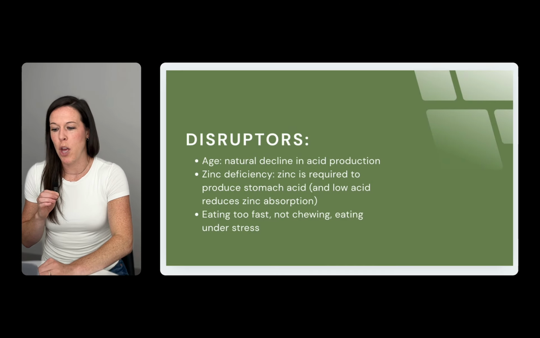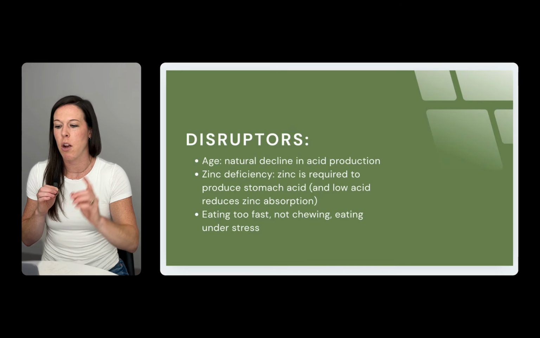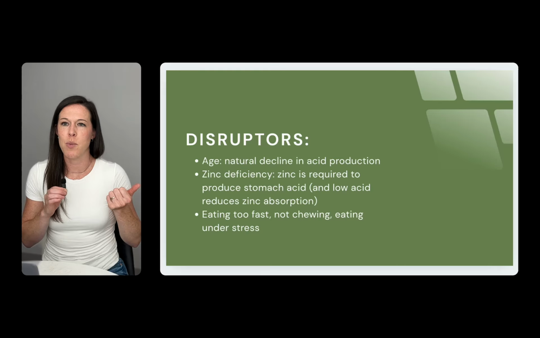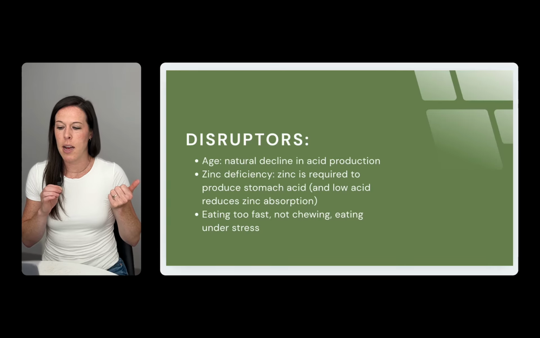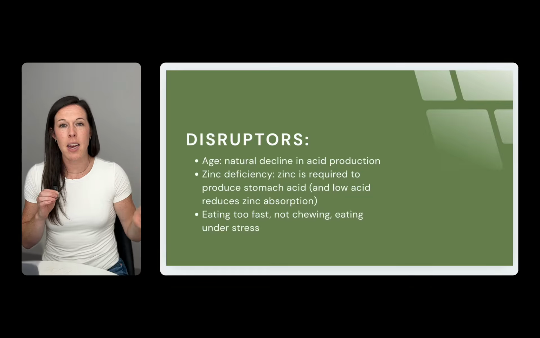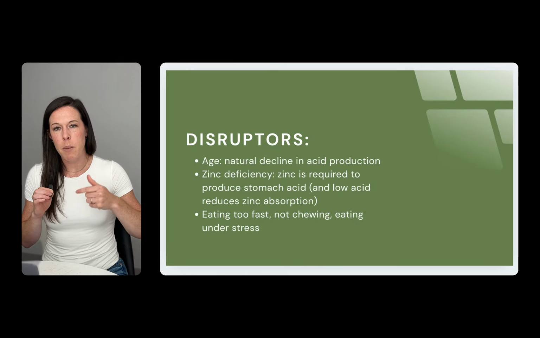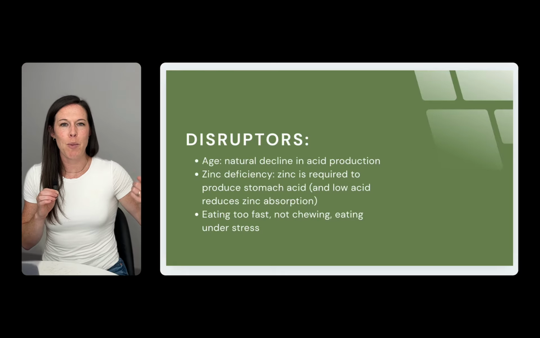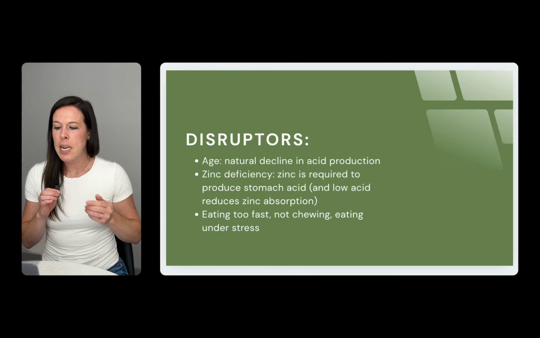Some other disruptors of stomach acid production are age. Unfortunately, as we age, that's one thing that starts to decline. Another thing can be zinc deficiency. Lack of adequate amounts of zinc can lead to decreased stomach acid, but we also need stomach acid to aid in our absorption of zinc. So it becomes this perpetual cycle: not enough zinc, lower stomach acid, and then it keeps going.